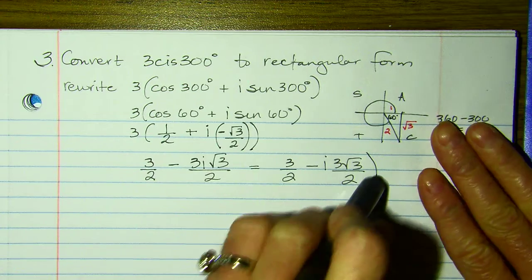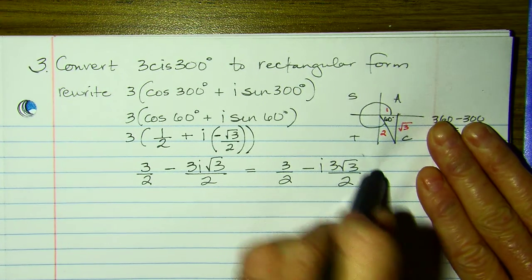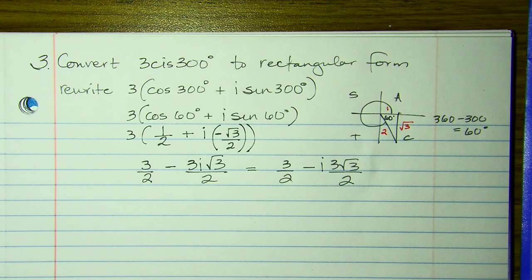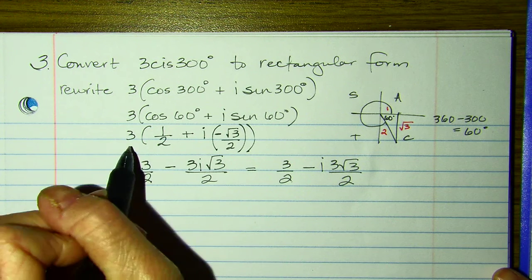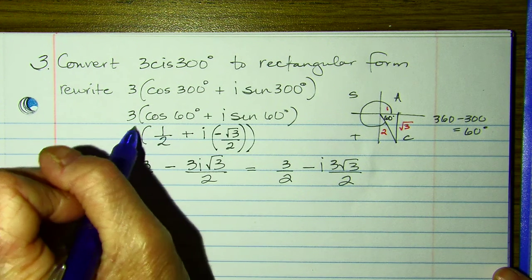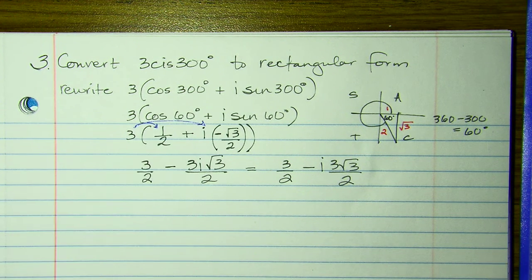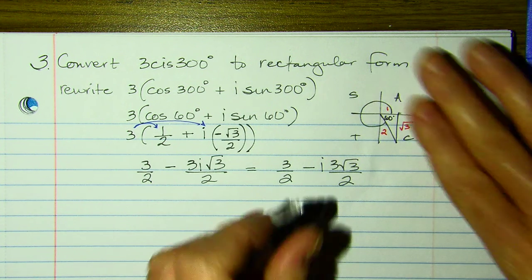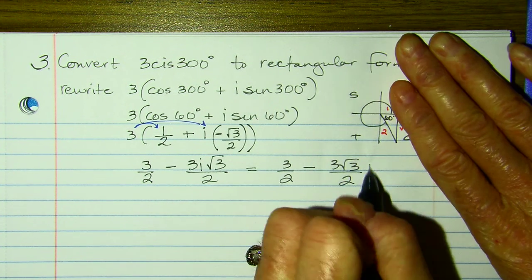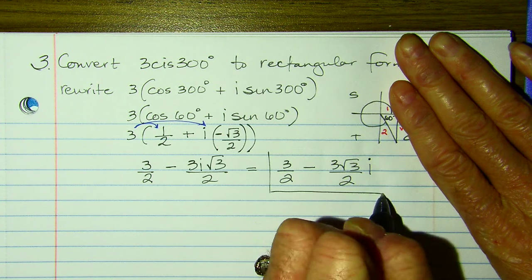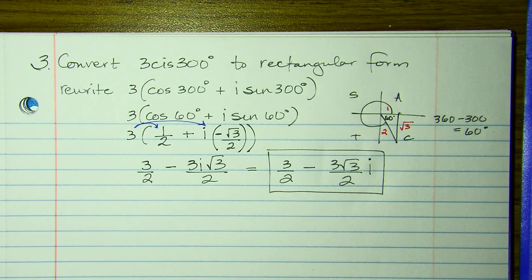Oh, sorry, and that is our answer in rectangular form. I just distributed 3, if you're wondering where I got that last part. Sorry, the i should go here. My bad. So this is your answer written in rectangular form.